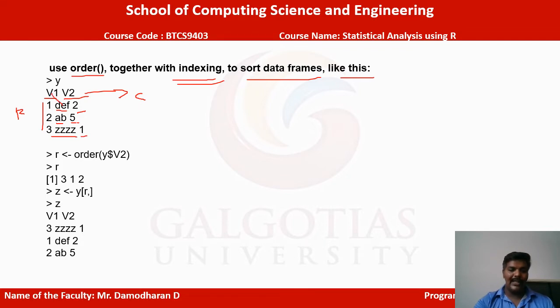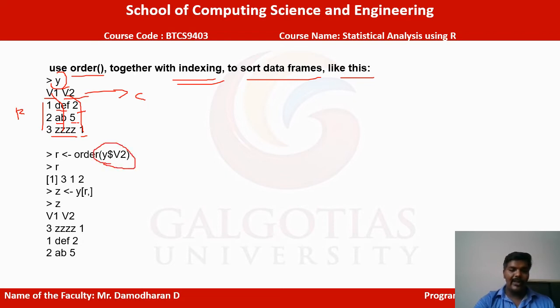So v1 is like this, and v2 is the other column. We load this into y, and the data is loaded inside y. Next we arrange the order by using v2.